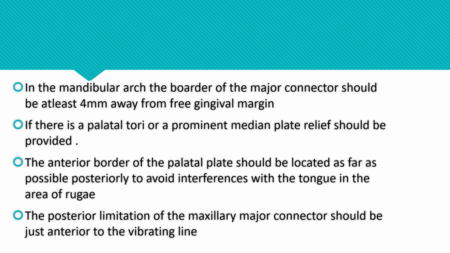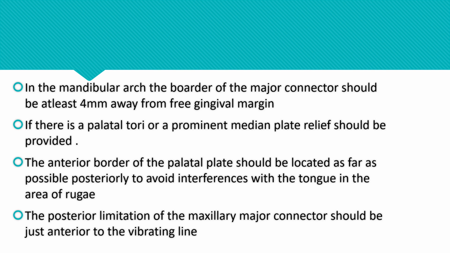If there is a palatal tori or a prominent median palatal suture, relief should be provided in these areas. Firstly, you should avoid these areas. But if you don't have any other option and you are going over these areas, then you should provide relief. The anterior border of the palatal plate should be located as far posteriorly as possible to avoid interference with the tongue in the area of the rugae.